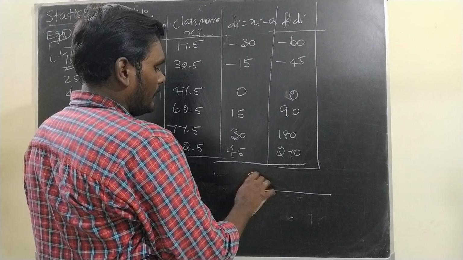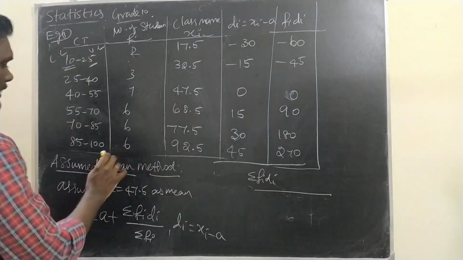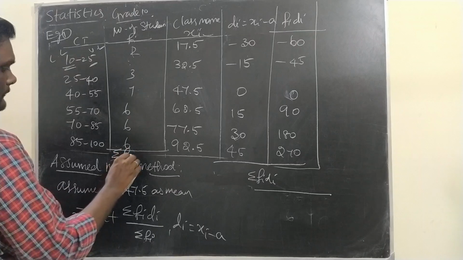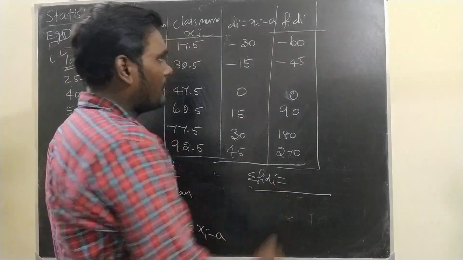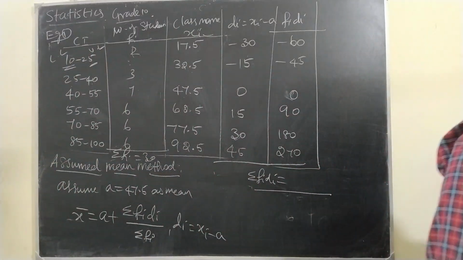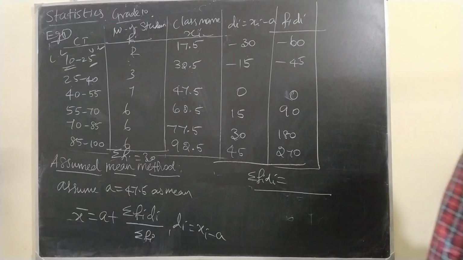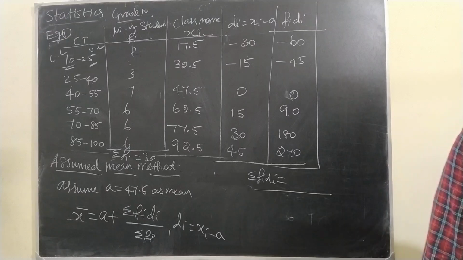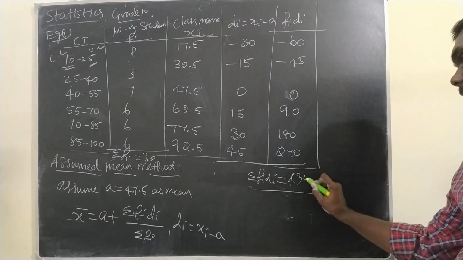Now add everything. That is sigma Fi di. The sigma Fi never changes. You got 30. Fi di how much when you add everything? Come on, take your pen and add. 435.